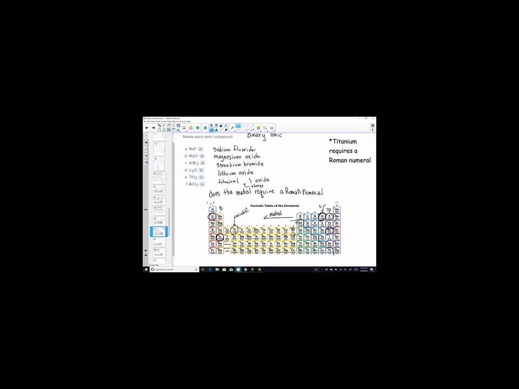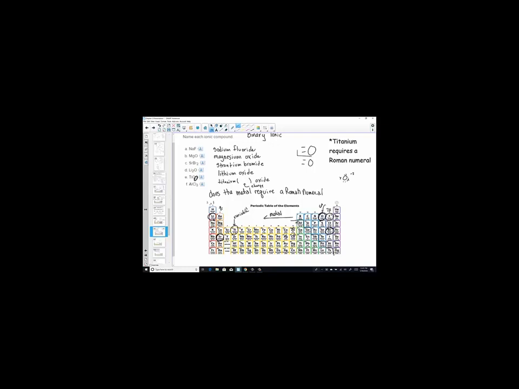Because oxide lives in group 6A, remember what that means? 6 valence electrons. Oxide wants 2 more to become a noble gas. So when it gains 2 electrons, we know it's a -2 charge. Now think about an oxide, a -2 charge. And there's 2 of them in that formula.